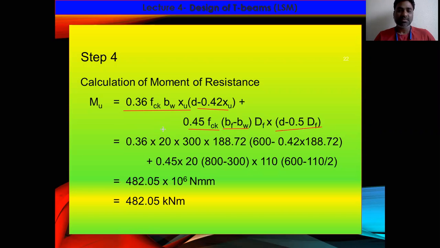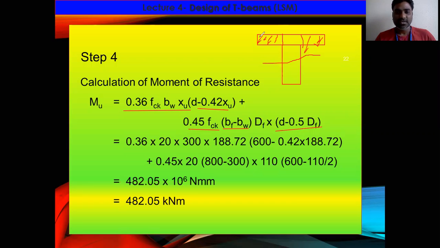That means it is nothing but compressive force into lever arm. But here we have two compressive forces, right? Don't confuse it. It's similar to our rectangular beams for determining the moment of resistance. The only thing is here I am dividing into two parts, that is the compressive force taken by the flanges and the compressive force taken by the web.